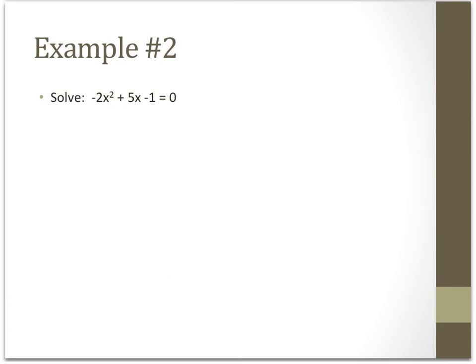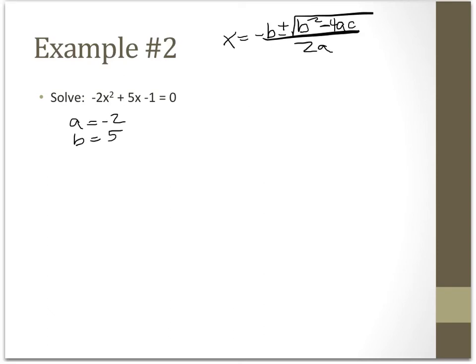Here we have another one, and remember, x equals negative b plus or minus square root of b squared minus 4 times a times c over 2a. So, a in this case is negative 2. B is positive 5, C is negative 1.